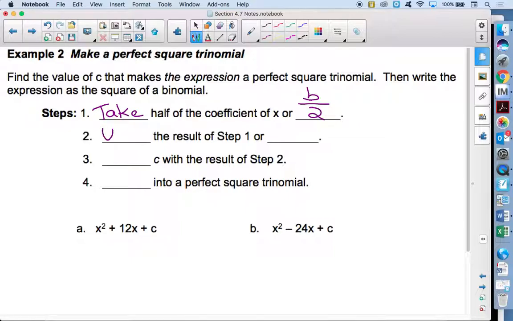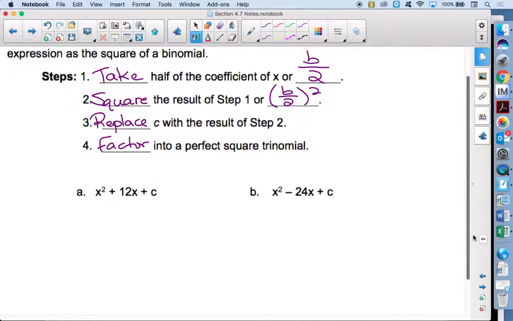Then square the result of step 1. Or really that means take b divided by 2 squared. That is my perfect square value. We will replace c with that value and then factor it into a perfect square.